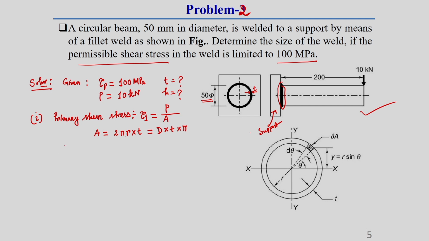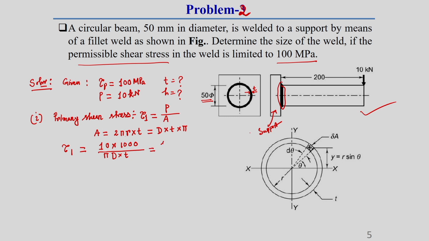So, what should be the primary shear stress here? P is given as 10 kilonewton, so 10 into 1000 Newton, divided by pi into the diameter of this shaft, because we have to consider the cross sectional area of the weld. This you should keep in mind. Whatever the total weld is there, that total weld cross sectional area we have to consider. That is why pi d is the periphery of this weld. Once we multiply it with the throat thickness T, we get the total throat cross sectional area.